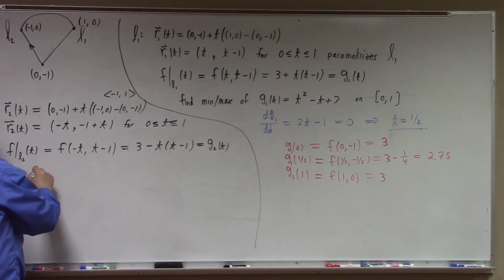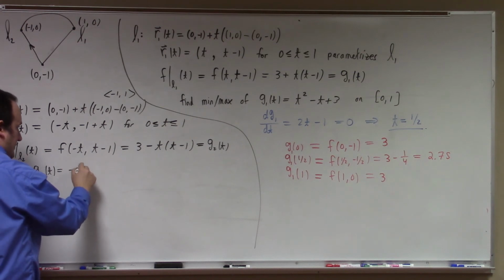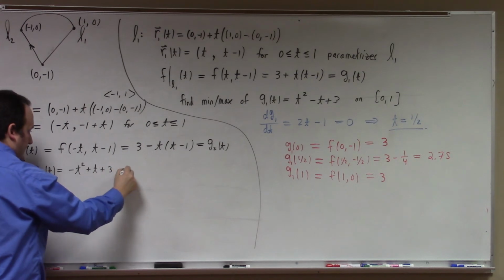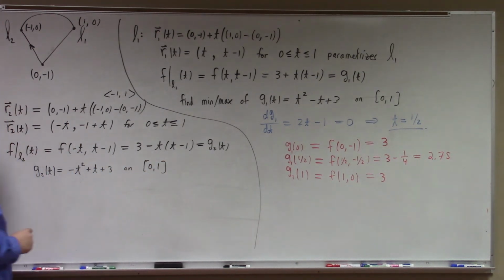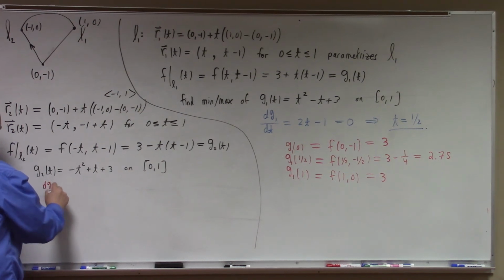So here we go. We have G2 of t equal to minus t squared plus t plus 3 on the closed interval 0 to 1. We have to find min-maxes for this function. So I look for my interior point. I think you know what's going to happen. It's going to be a lot like the last one.